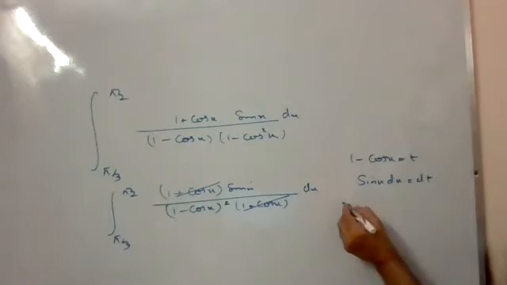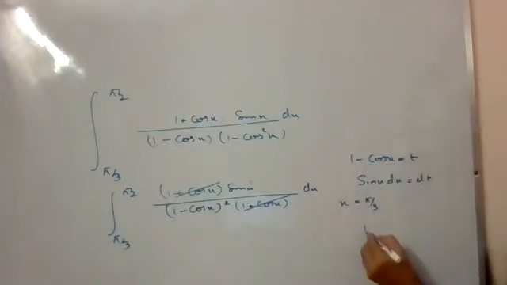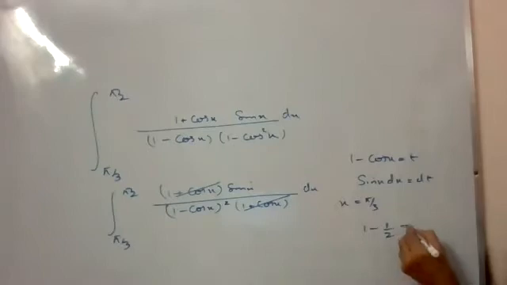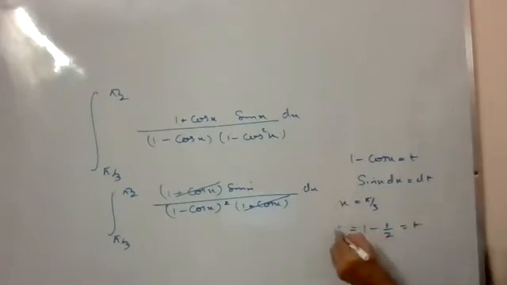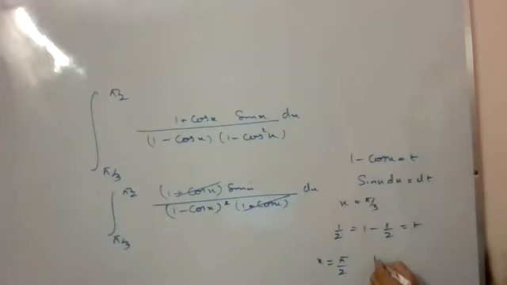And then the limit: when you take x first as pi by 3, cos pi by 3 is half. So 1 minus cos pi by 3 means 1 minus half will be your t. So t is coming half. And second, x is pi by 2. Cos pi by 2 is 1. So 1 minus 1, t is coming 0.